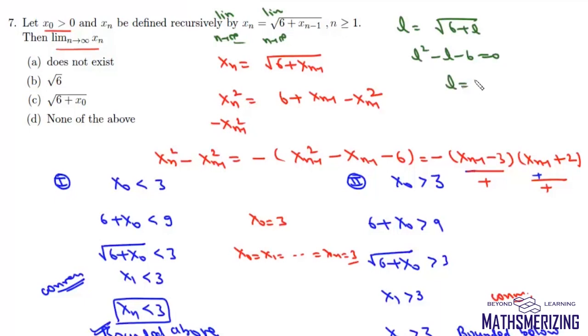That is, the value of L is either 3 or the value of L is minus 2. Now since this sequence contains positive terms, its limit point cannot be negative. So for the sequence, the value of this limit is simply 3. So this limit n tends to infinity xn will be 3, which is none of the above, option D.